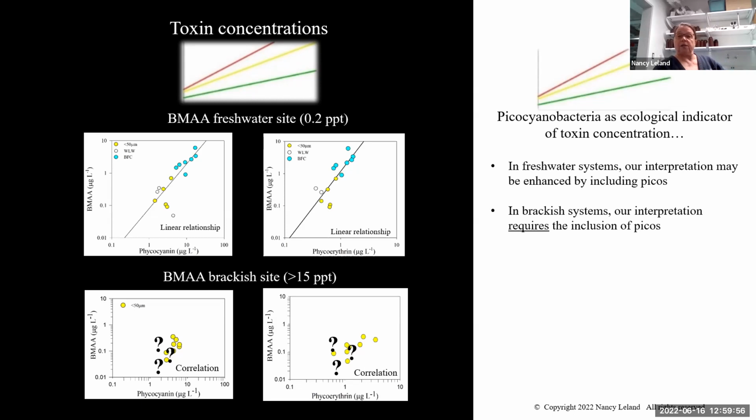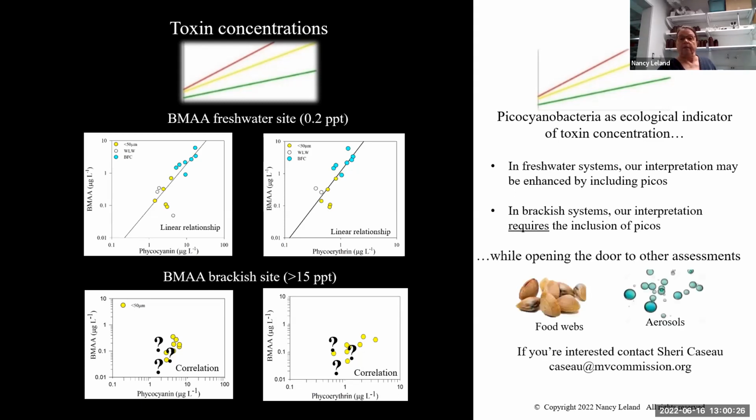So as far as picocyanobacteria and how they fit into our monitoring strategy to be a strong ecological indicator of toxin concentration, in freshwater systems our interpretation may be enhanced through the use of picocyanobacteria, but in brackish systems, from our perspective, our interpretations require the inclusion of picocyanobacteria.